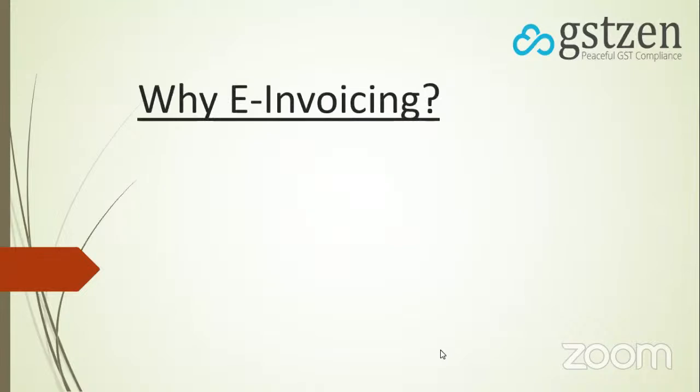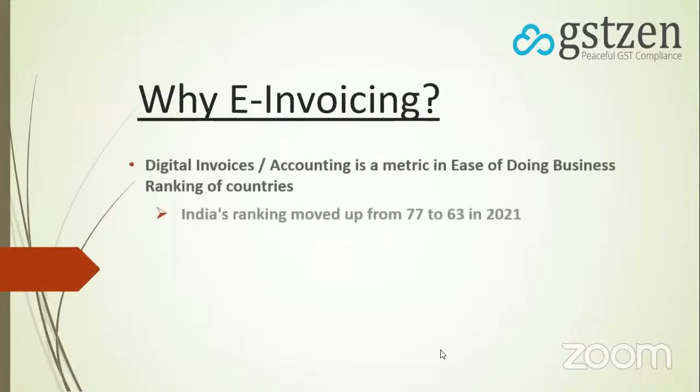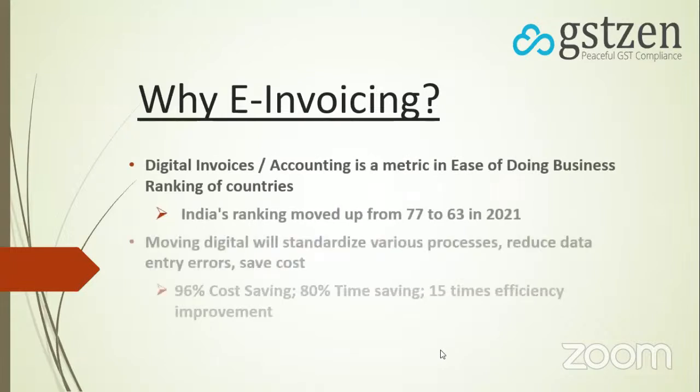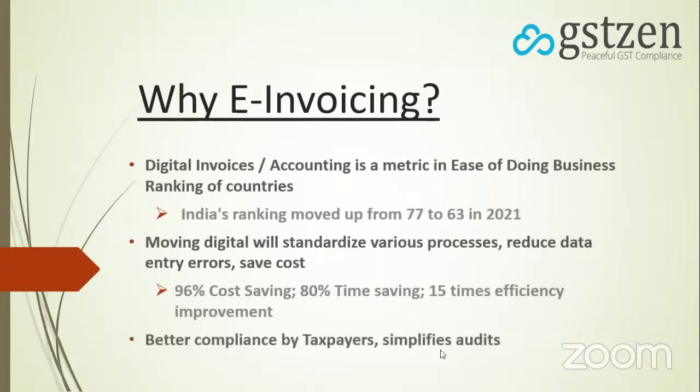Moving on. So why has the government adopted this e-invoicing? Let me go over the points. So digital invoices accounting is a metric in ease of doing business ranking of countries. So e-invoicing has brought India's ranking further up from 77 to 63 in 2021.